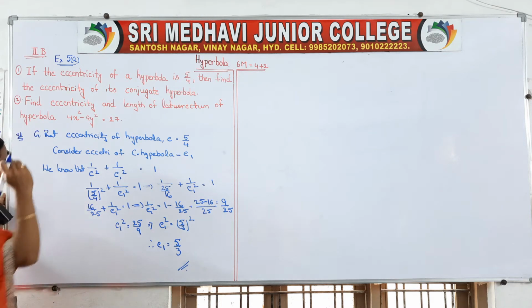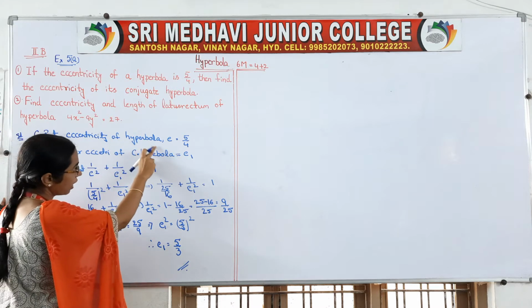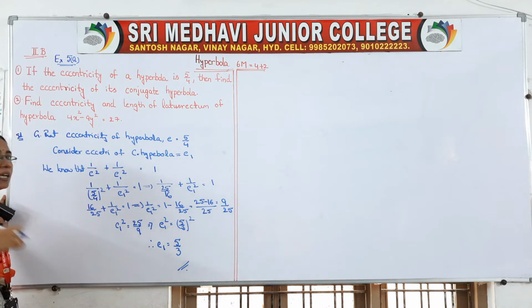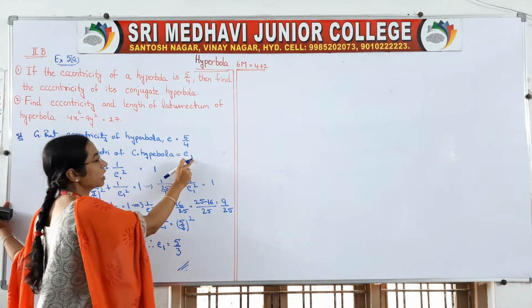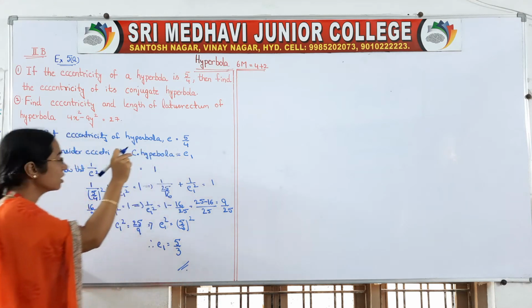Given the eccentricity of hyperbola, we were asked to find the eccentricity of the conjugate hyperbola. You consider the eccentricity of conjugate hyperbola as E1.